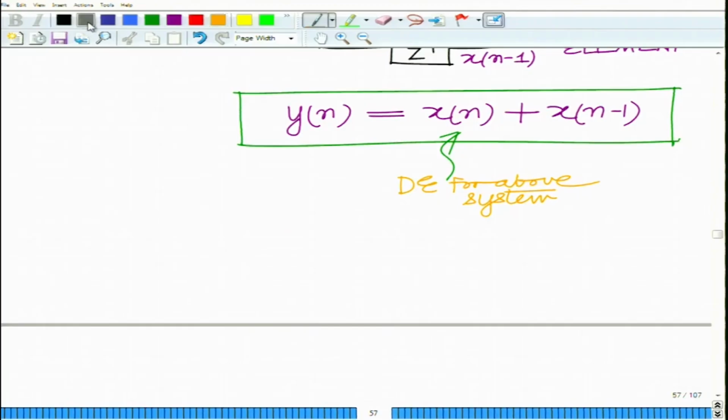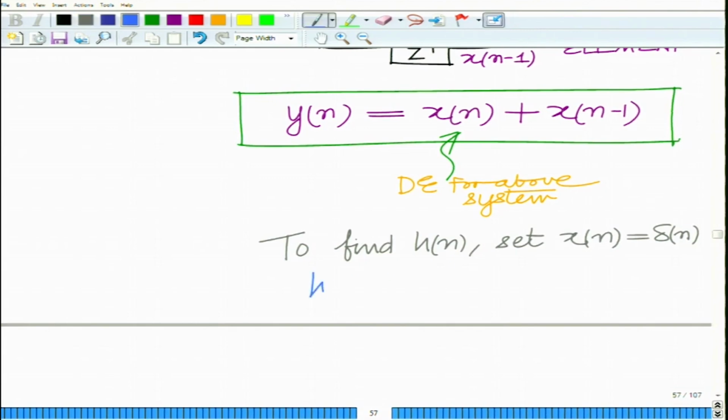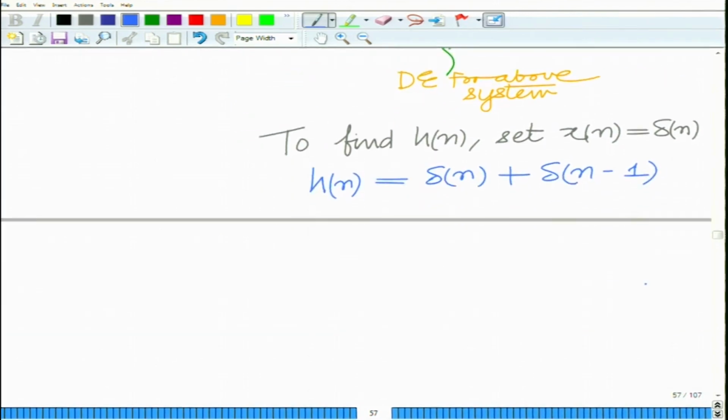So, now to find h of n, set x of n equals delta n, and what we get is h of n equals delta n plus delta n minus 1.